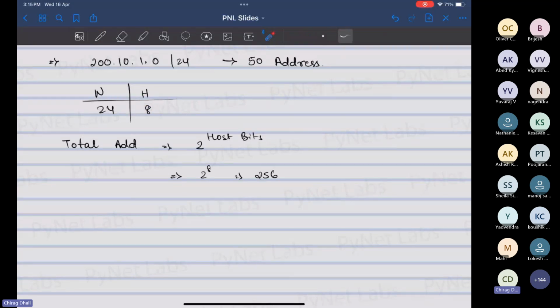I need to figure out how many bits would be enough for 50 addresses.